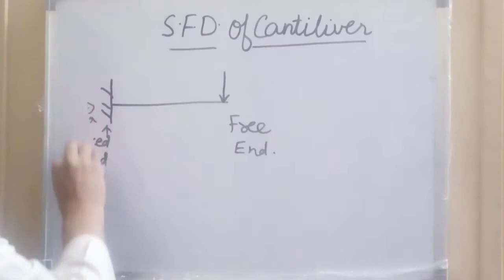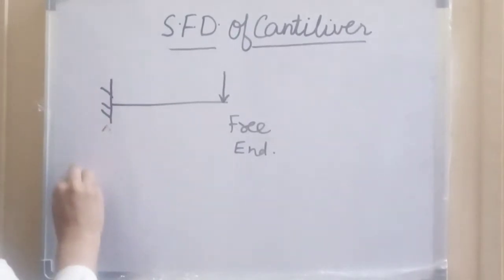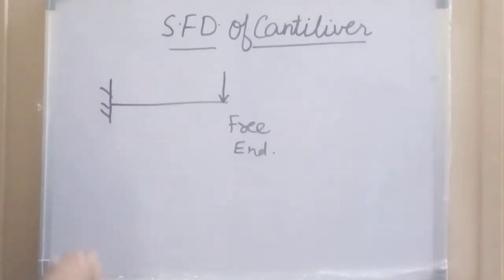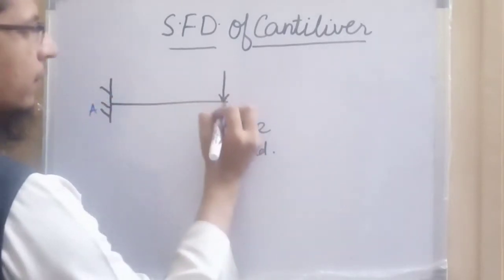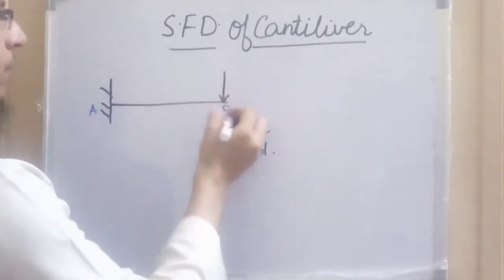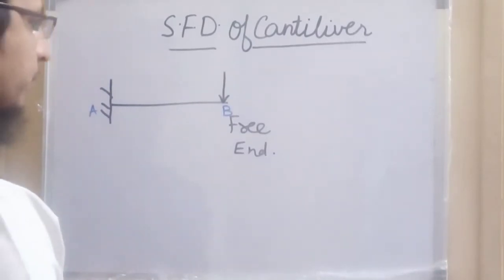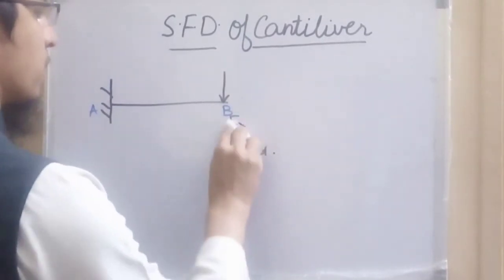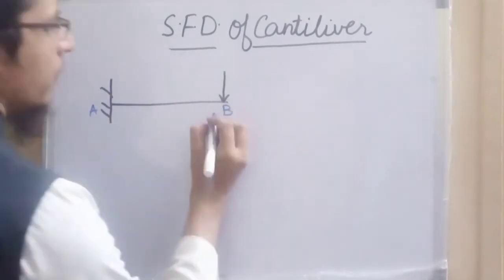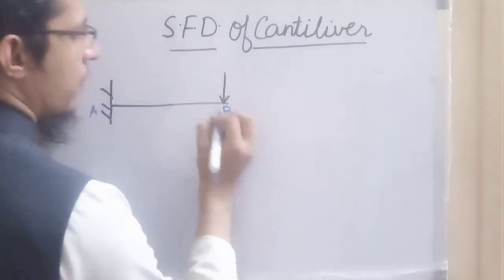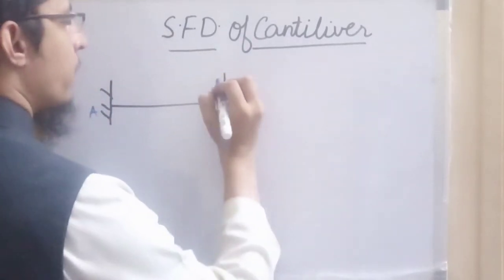So as discussed in the definition, if we want the shear force at any section, then we have to find the sum of all the forces either left of the section or right of the section. So suppose this is point A, this is point B. We are starting from the free end. Suppose at a very small distance x from this end we want to know the shear force.